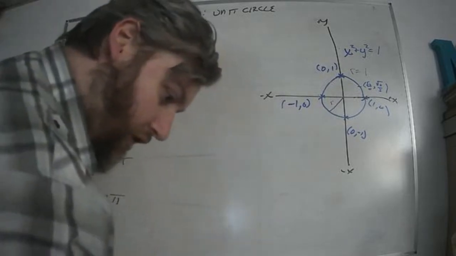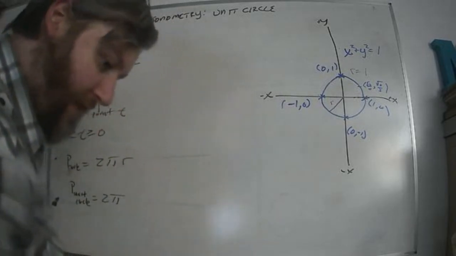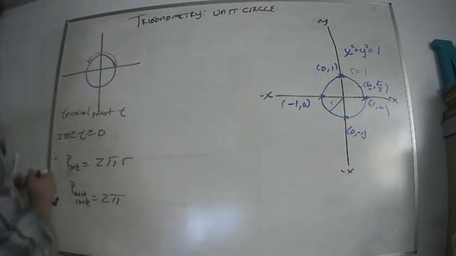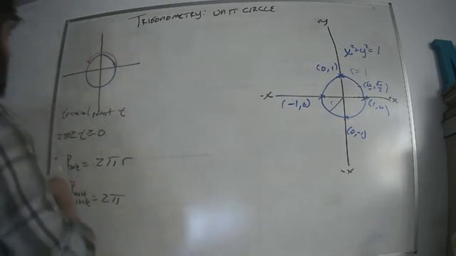And we can look at example 3 about finding terminal points to get some ideas like this. There are also other ways you can look at t, because you could go around in the opposite direction. So I say this is plus t.